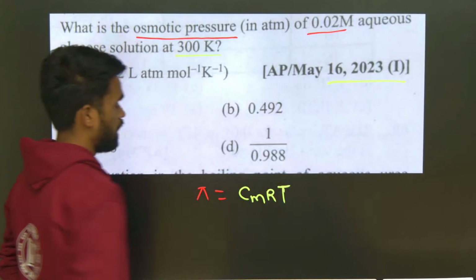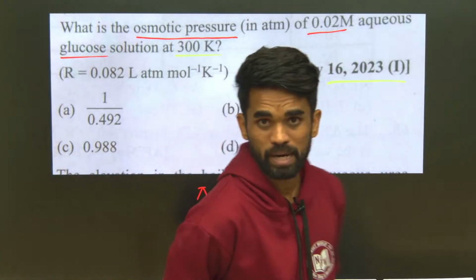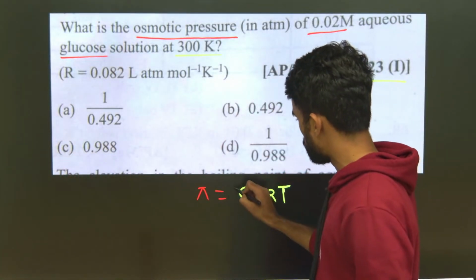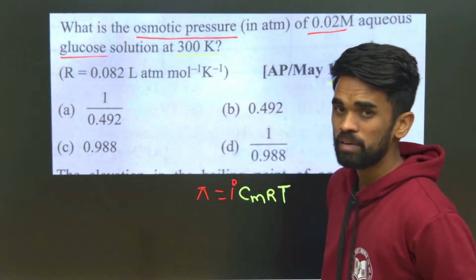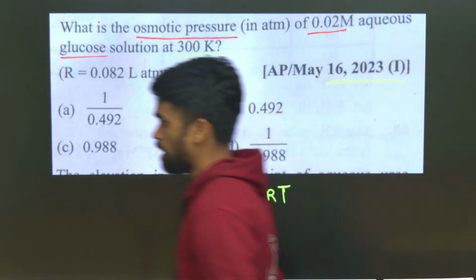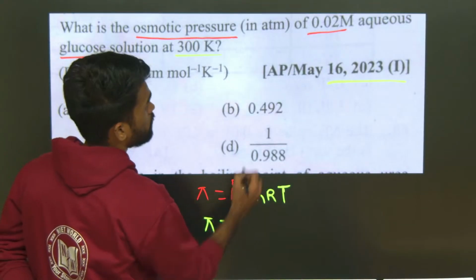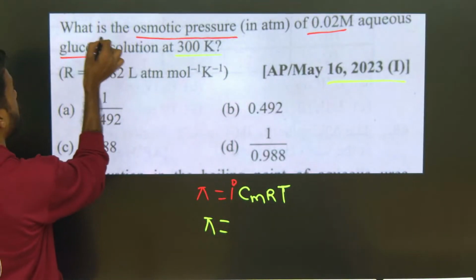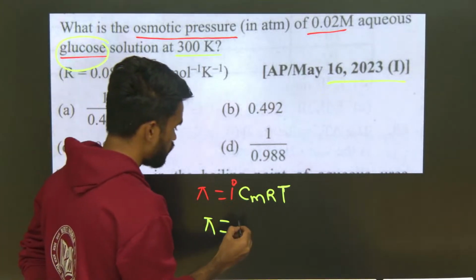Next, osmotic pressure also depends upon the number of solute particles, so it is mandatory to introduce the Van 't Hoff factor i. So pi equals i Cm RT. Whether the given solute is a non-electrolyte or an electrolyte? It's a non-electrolyte, so the i value will be 1.